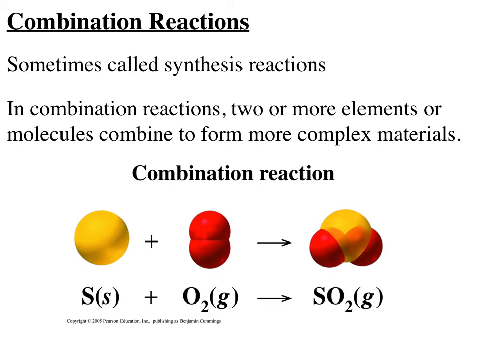In a combination, or sometimes called synthesis reaction, simpler components combine together to make more complex components. Here I show the reaction of solid sulfur with gas phase oxygen to make gas phase sulfur dioxide. Now, this is not hyposulfite. Hyposulfite would be a polyatomic anion.